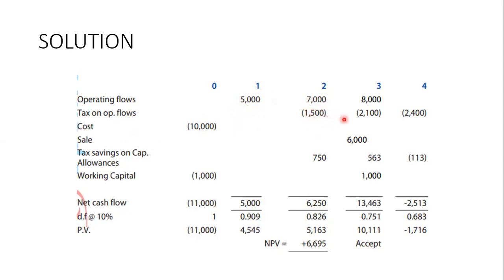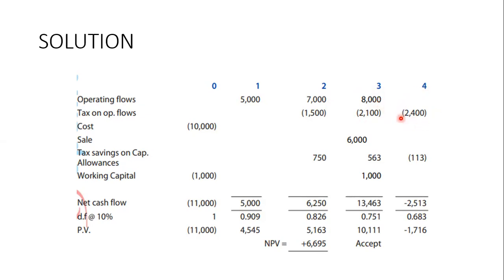And then when you go to year 2, the tax liability is on the 7,000. That is 30% of 7,000, which is 2,100. And the liability is paid in year 3. The same way, year 3, net operating cash flows of 8,000, you apply your corporate tax of 30%, and that is 2,400.